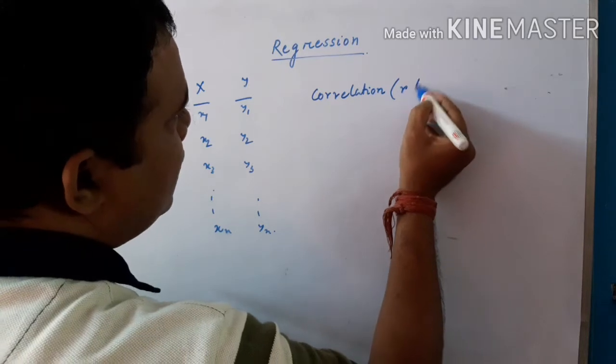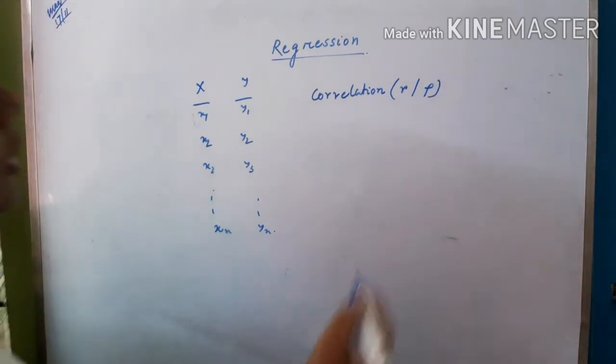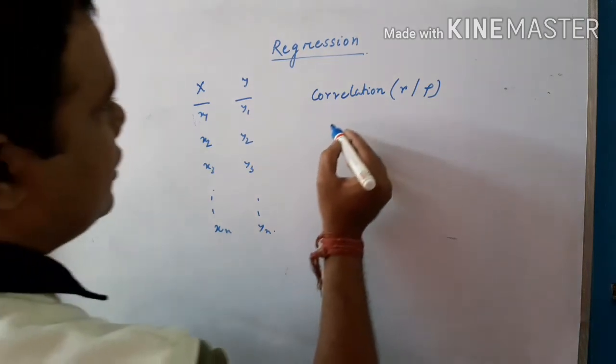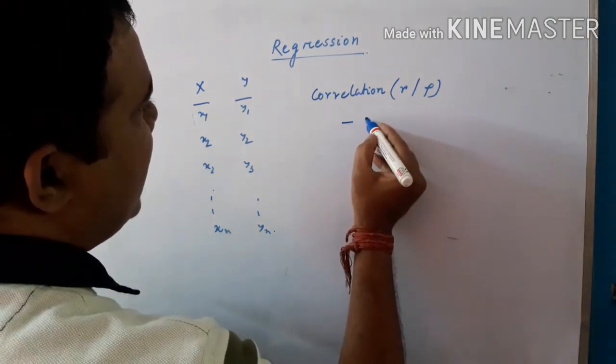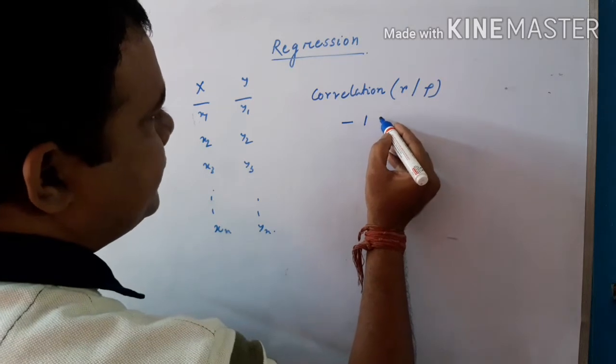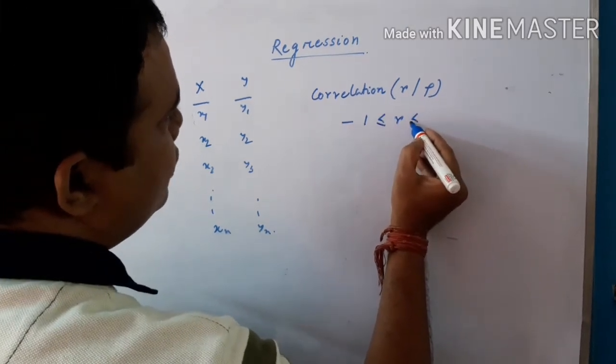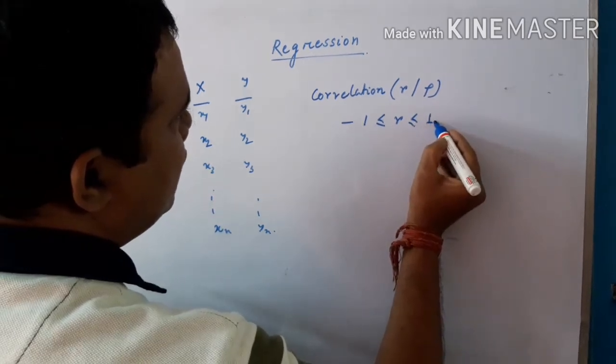R, or sometimes we use the symbol rho. Now one thing is that correlation lies between -1 and +1. So we write -1 less than or equal to R less than or equal to 1.